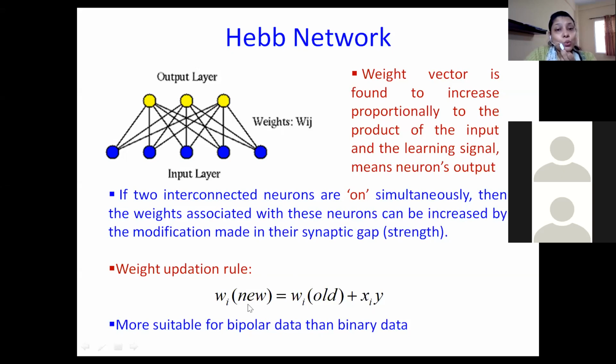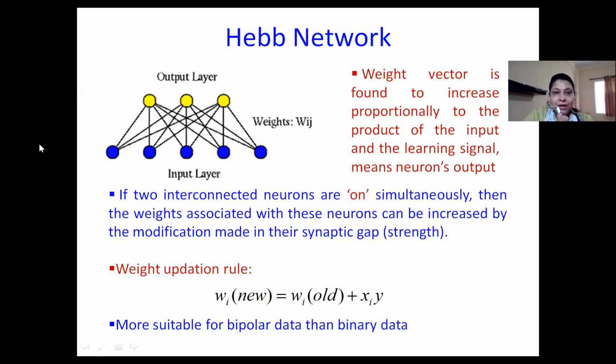That means a new weight vector. So this is the weight updation rule that is followed in the case of the Hebbian network. And this particular network is more suitable for bipolar data than for any kind of binary data.